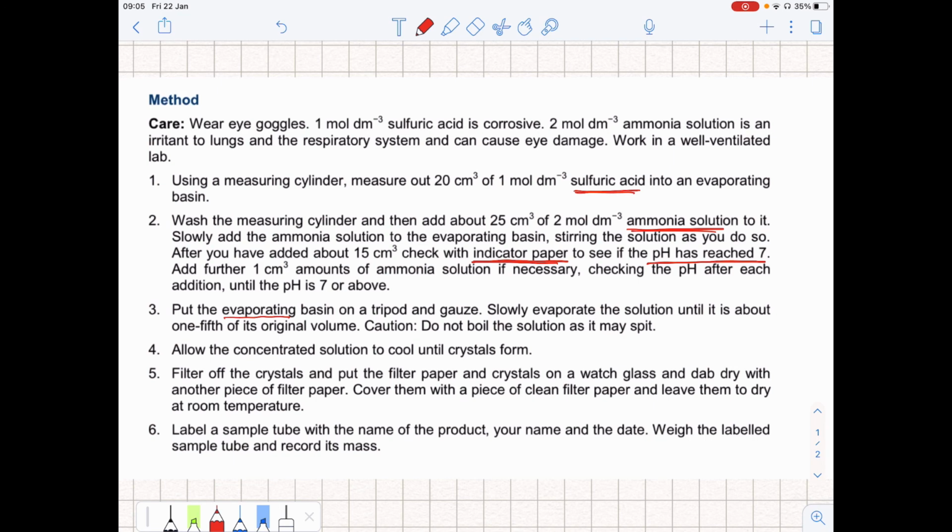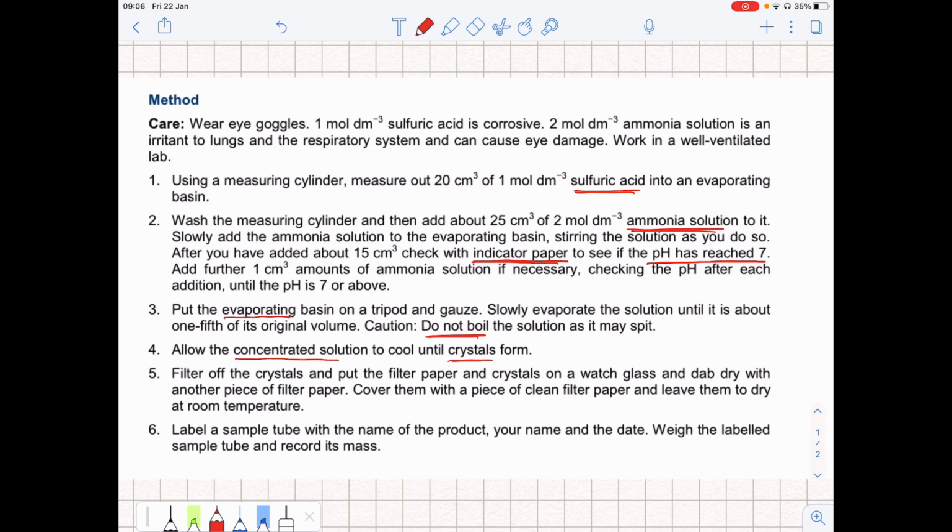Notice we take care towards the end that we don't boil this, because we don't want anything spitting out as the crystals form. We allow the solution, once it's started to concentrate, as we drive off the unreacted liquids, and then the crystals will start to form.